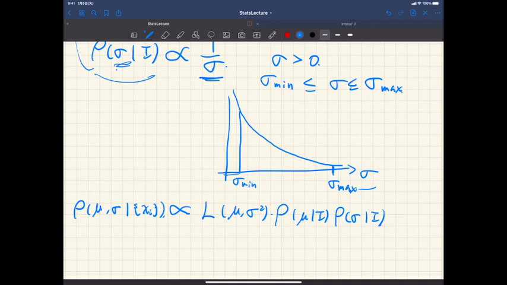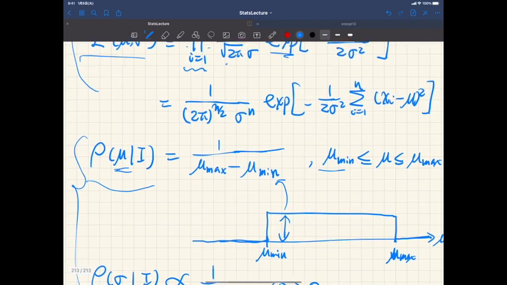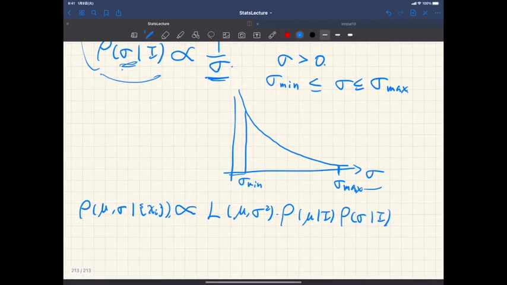So this will turn out to be something like this. Since this is just a constant, we can ignore the constant term, and we have L divided, and this is inversely proportional to sigma.